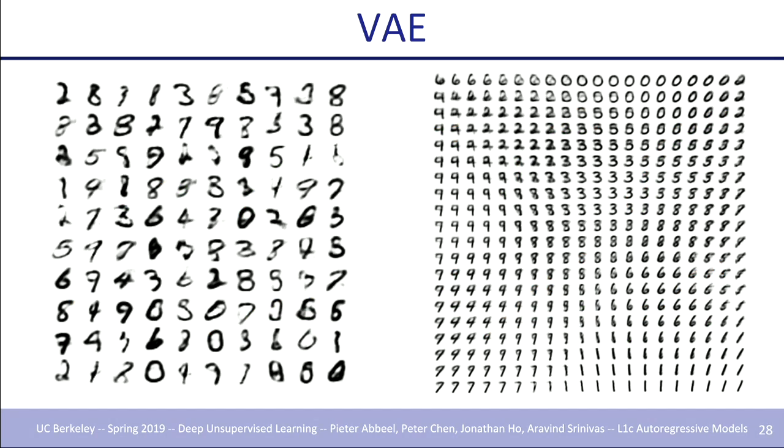These are some visualizations of the generated samples from VAE. On the left, you pick a 10-dimensional latent space and train a VAE, and these are the generated digits.